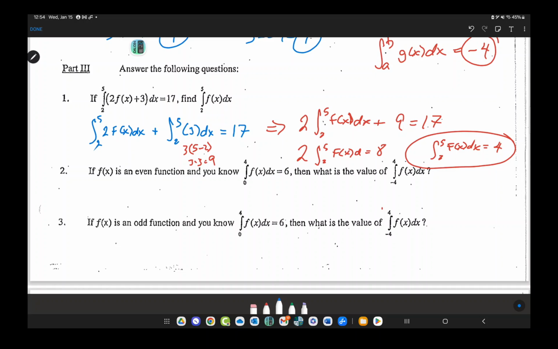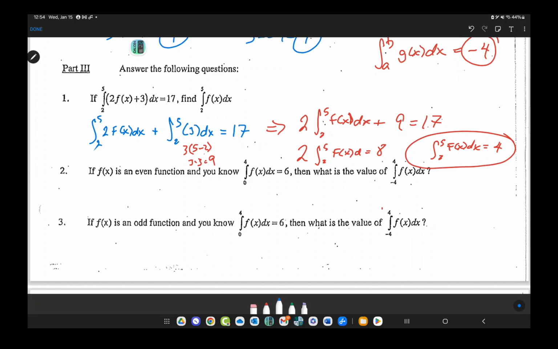If f of x is an even function, and you know the integral from 0 to 4 of f of x dx is 6, what is the integral from negative 4 to 4? Because if we have a parabola, if it's the same this way as this way, you should add it. Even function means it is symmetrical across the y-axis.